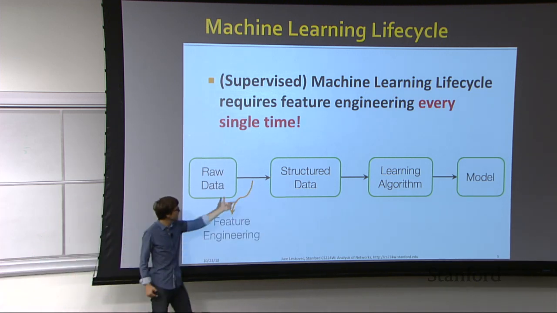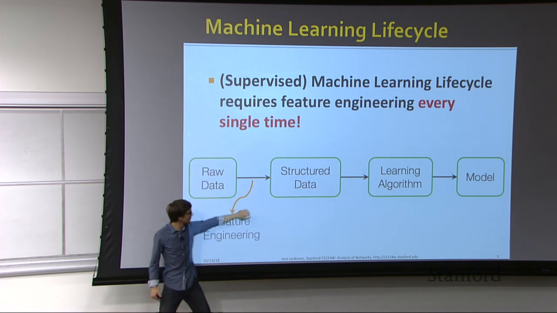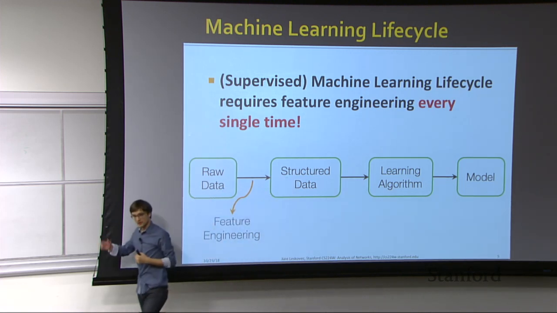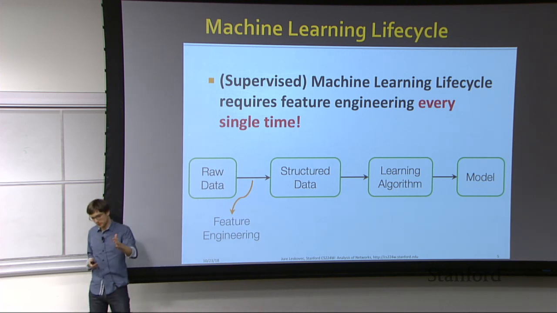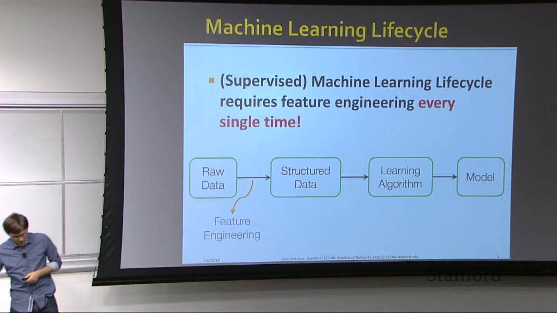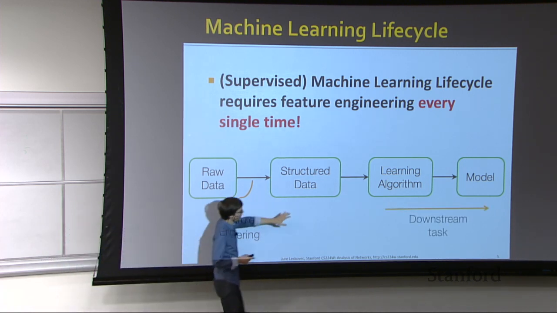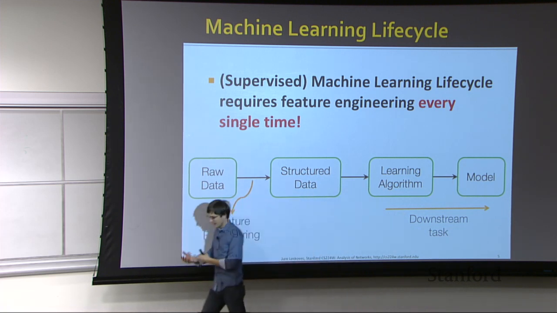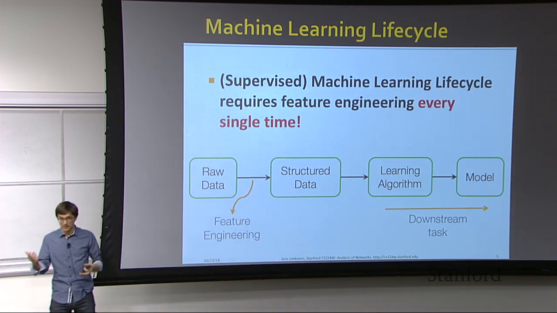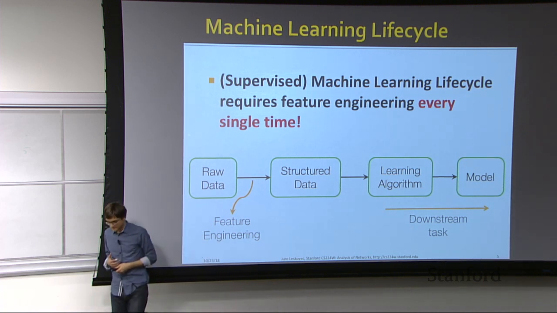And the most cumbersome part is this step where we ask, how do we get from raw network data to this feature description for every node? How do we do this feature engineering? Should we use motifs? Should we use graphlets? Should we use something else? And once we have these features, we can then apply them to some downstream task of clustering, analysis, outlier detection, link prediction, node classification, whatever you like.